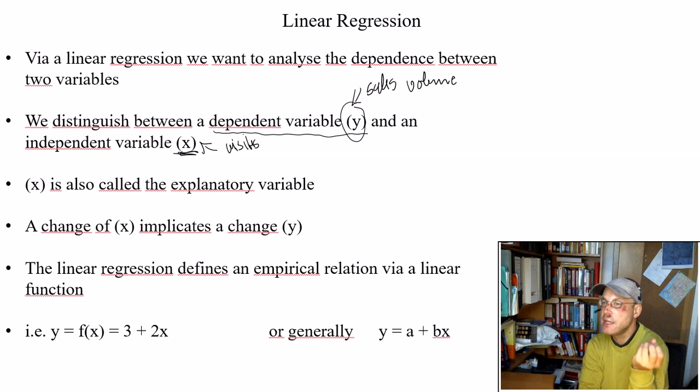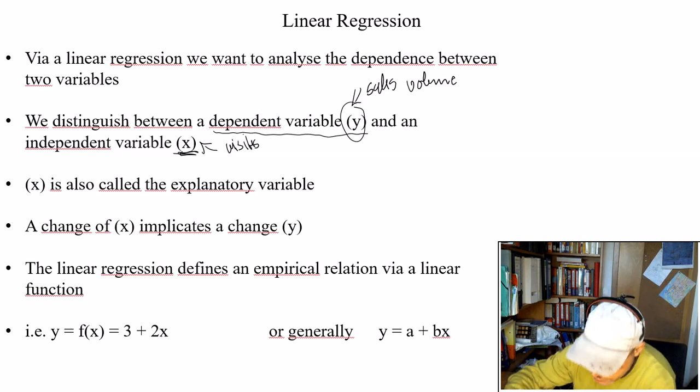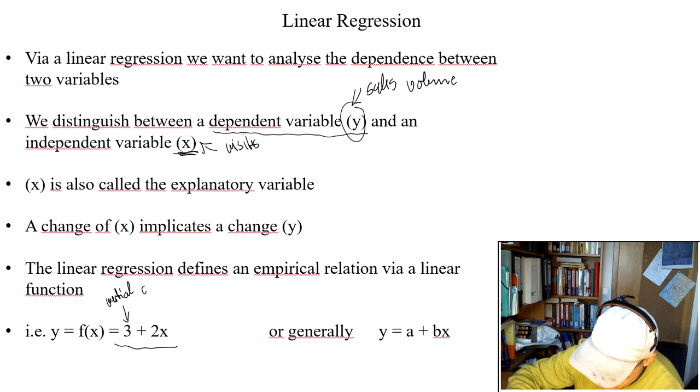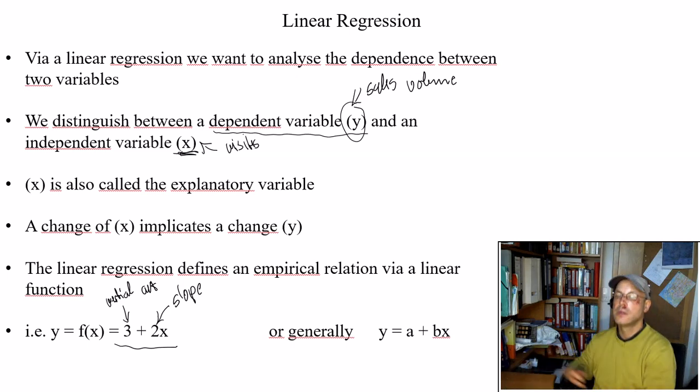And we think of a linear dependence between these two variables, and we could, for example, assume that it is just a linear line with a vertical cut of 3 and a slope of 2.